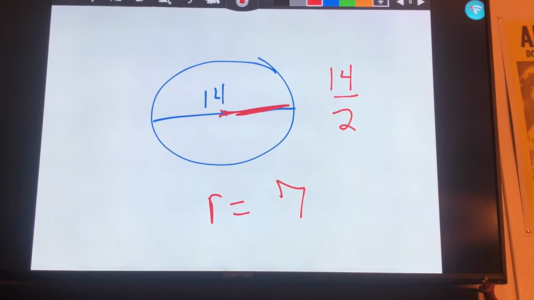Alright, let's look at skill check 1. I want you guys, and we'll identify these together. It says use the circle to identify each term. Where's the center? Let me just go ahead and try drawing a circle. I'm going to try to make it look like theirs.